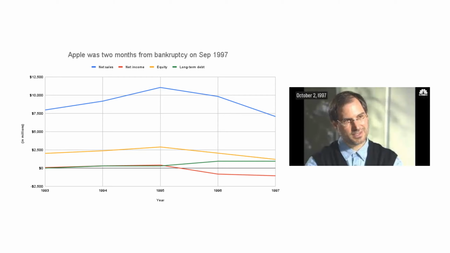Microsoft was fighting a different battle with the Department of Justice, where they would look even badder if Apple had become bankrupt. So in order to look good in the eyes of the regulators, they injected $150 million. So that helped them look like a good guy. It gave him some cash, which was good.